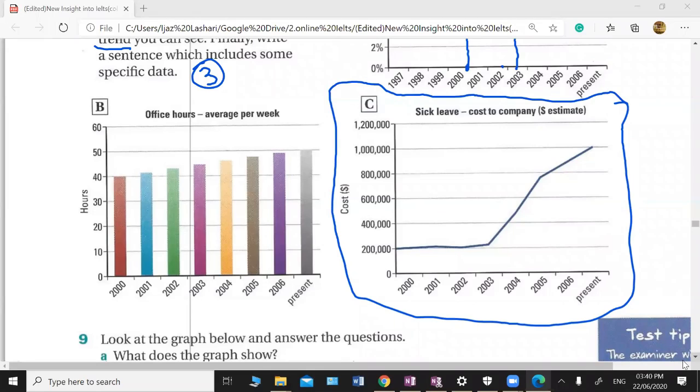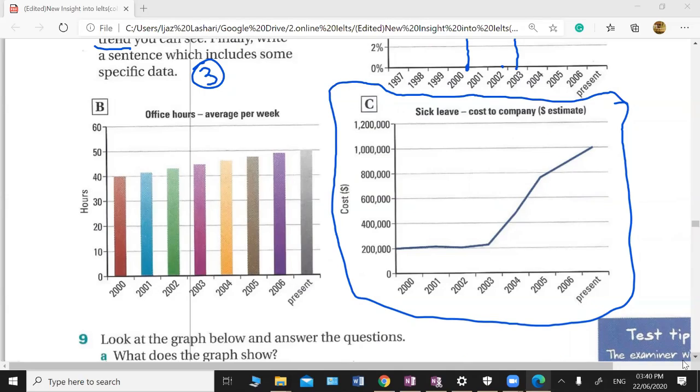You should be aware that this cost has risen most significantly from 2000 to 2003. The pattern was stable. From 2000 to 2003, it remained the same amount of money. But from 2003, it reached approximately 200,000.